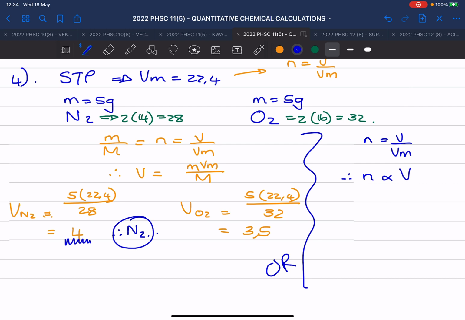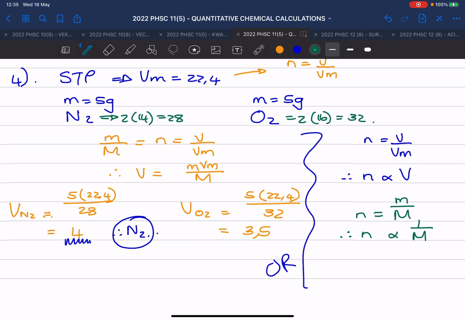Now I have to determine the mole. If I look at this formula, mass over molar mass, I see that both of them have the same mass. They are both 5 gram and 5 gram. So the mass stays constant. So from that I can get that the mole is inversely proportional to the molar mass.